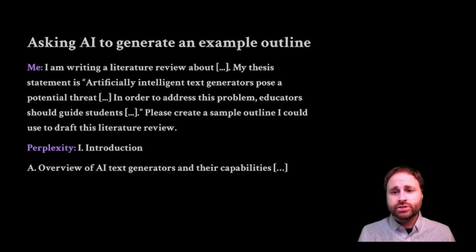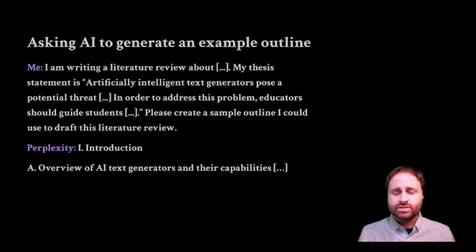I am writing a literature review about how community college educators should address issues related to artificially intelligent text generators like ChatGPT or Perplexity. My thesis statement is artificially intelligent text generators pose a potential threat to the learning and teaching of writing at community colleges and other educational institutions, since students' misuse or over-reliance on these tools can lead to them missing opportunities to develop writing, research, and critical thinking skills.